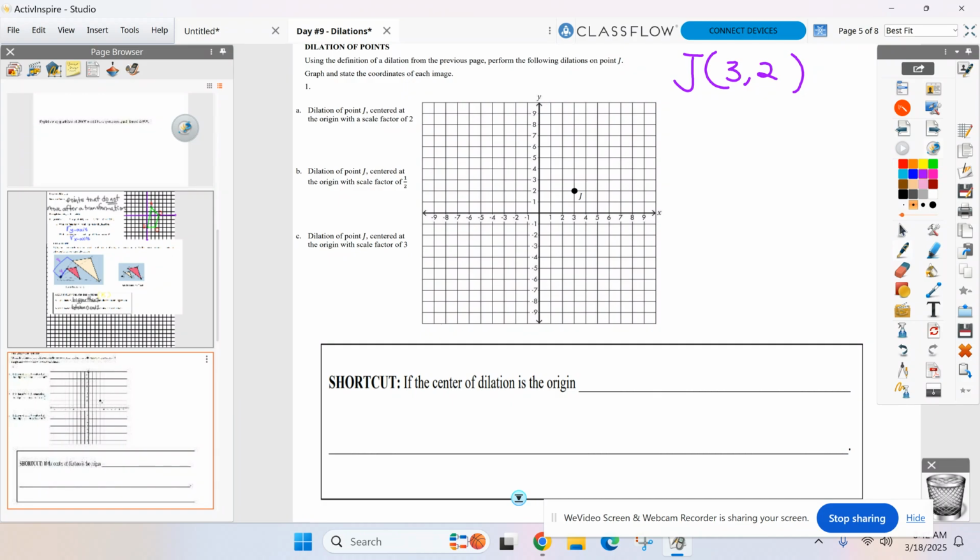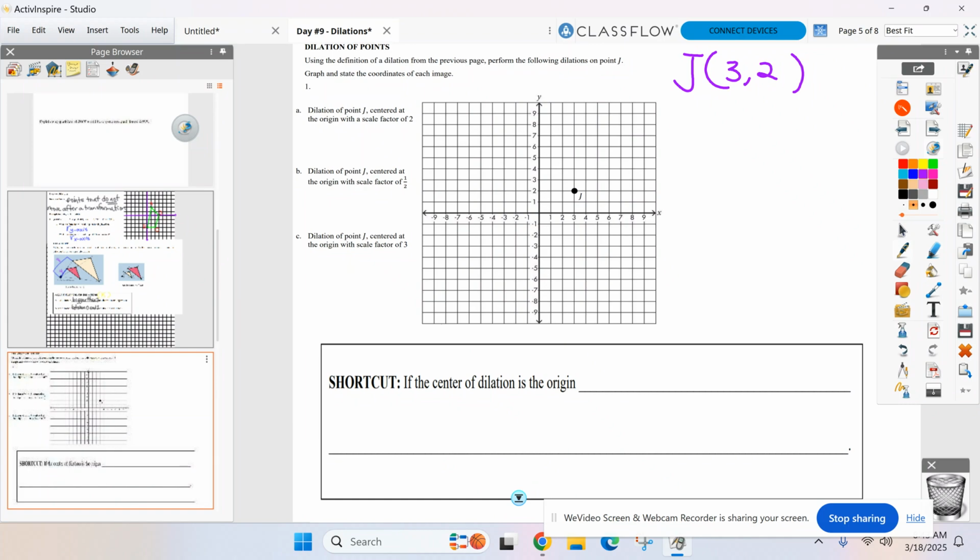The center is going to be the origin and dilate it by 2. So does that mean J is going to get closer to the origin or further away? Great job. Good job, first step. It's going to get further away. And make sure it's going to get further away going this way. It doesn't go on the opposite side. That's called a reflection. We've done those. All right, so it's going to get further away. How much further away? It's going to double its distance.